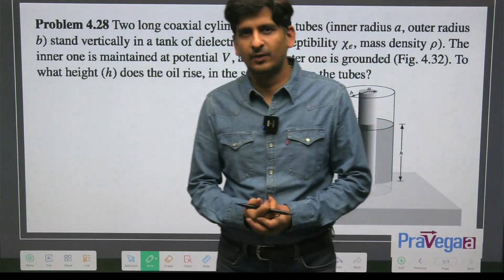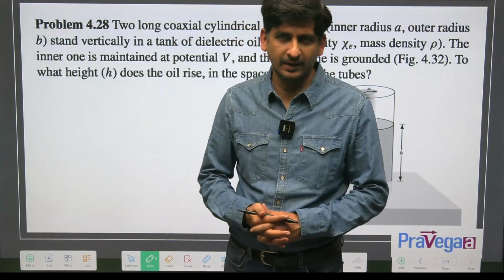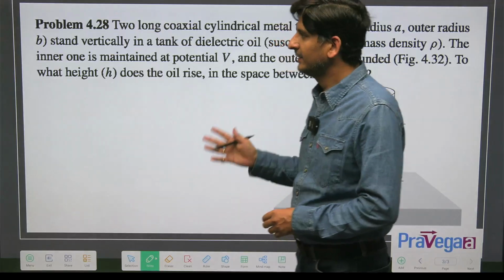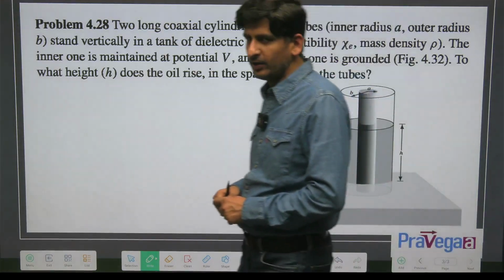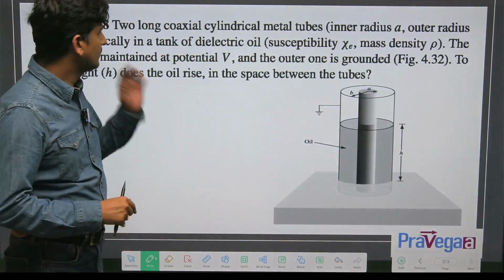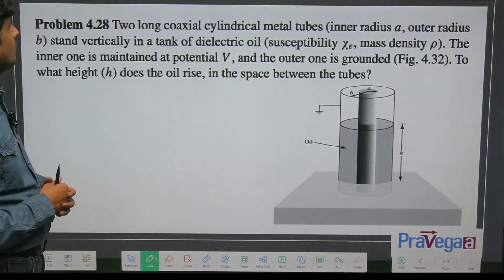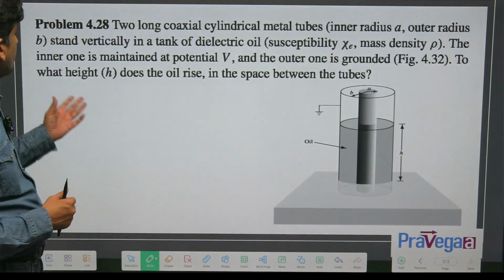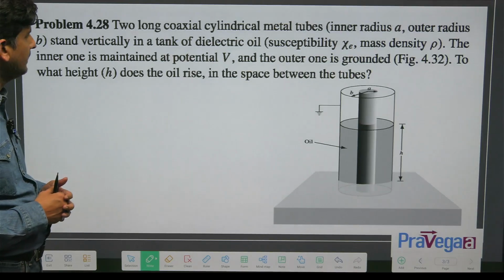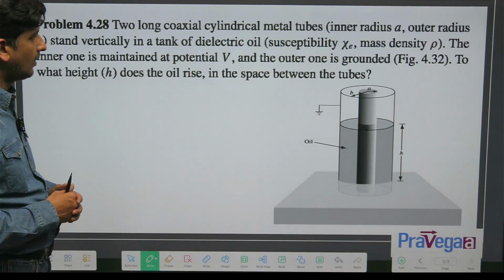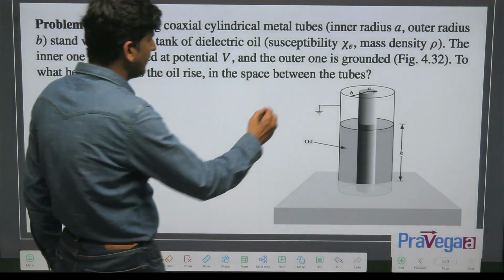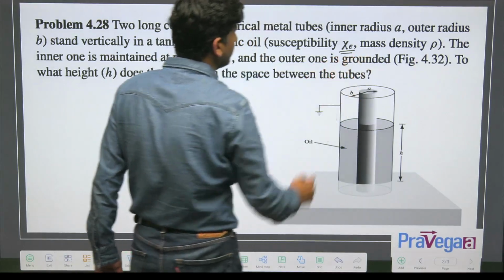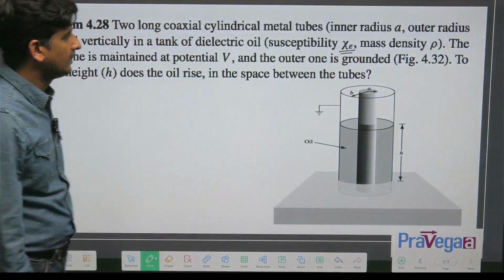So I am solving questions from David J. Griffiths' Electrodynamics, and this is a very nice question that I am going to discuss. Just see this question. Two long coaxial cylindrical metal tubes, inner radius A and outer radius B, stand vertically in a tank of dielectric oil having susceptibility chi E and mass density rho.